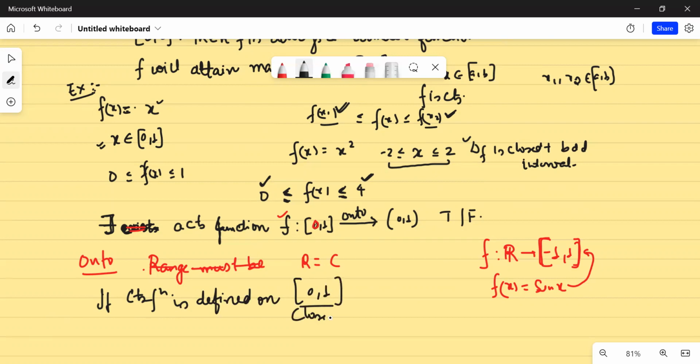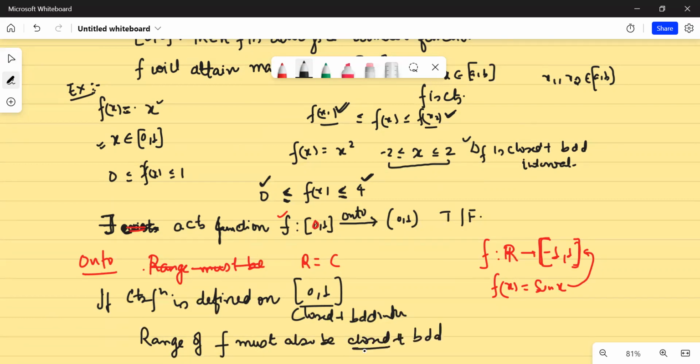Closed and bounded. This is a closed and bounded interval. Then the range of f must also be a closed and bounded interval, isn't it?